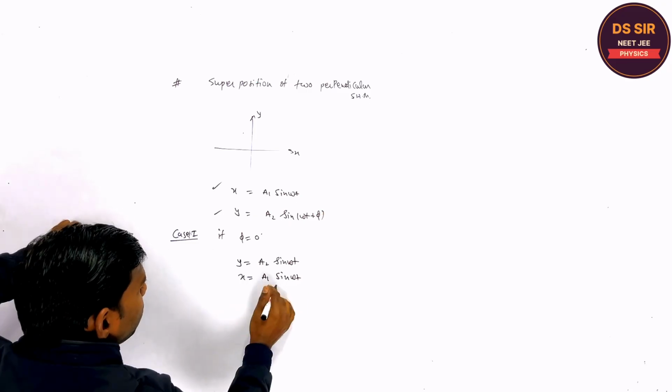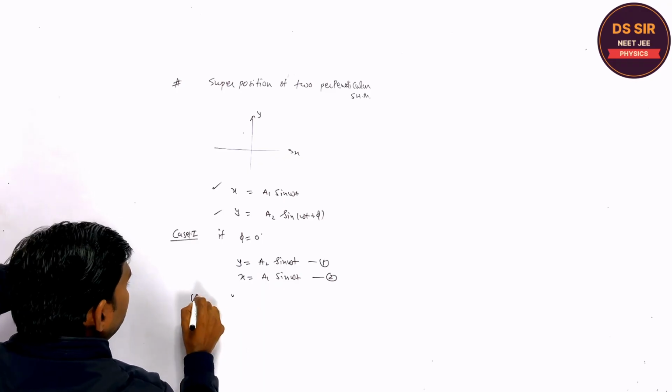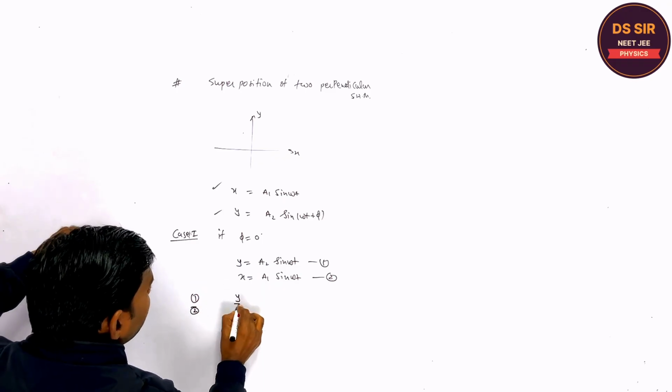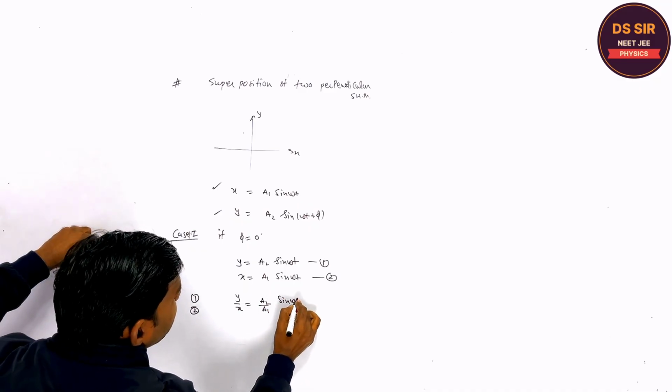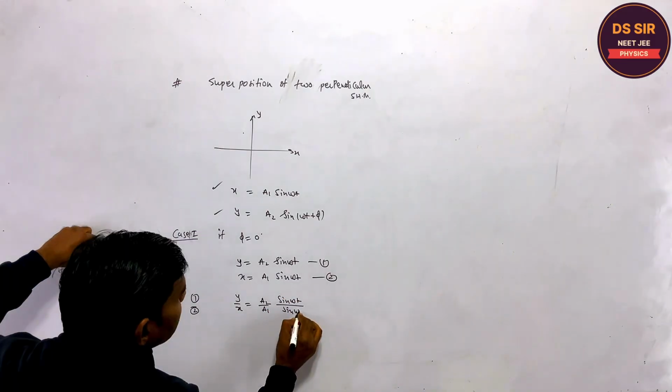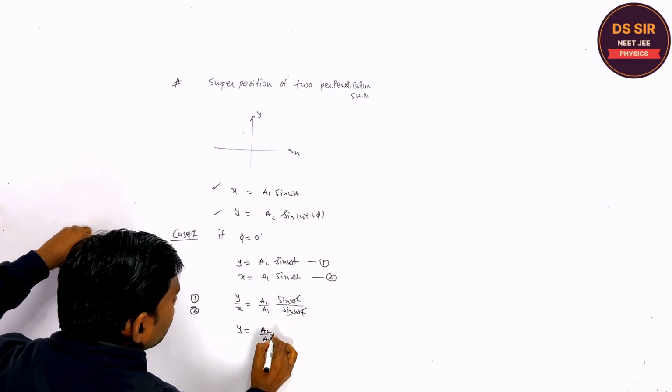So if you divide 1 by 2, y upon x will be equal to A2 upon A1, and sine omega t will cancel out. So y is equal to A2 upon A1 into x.